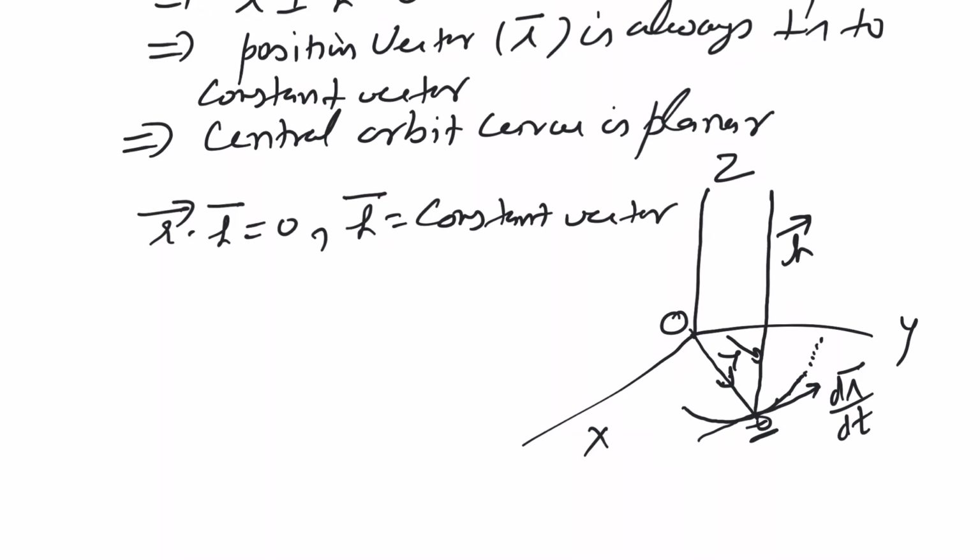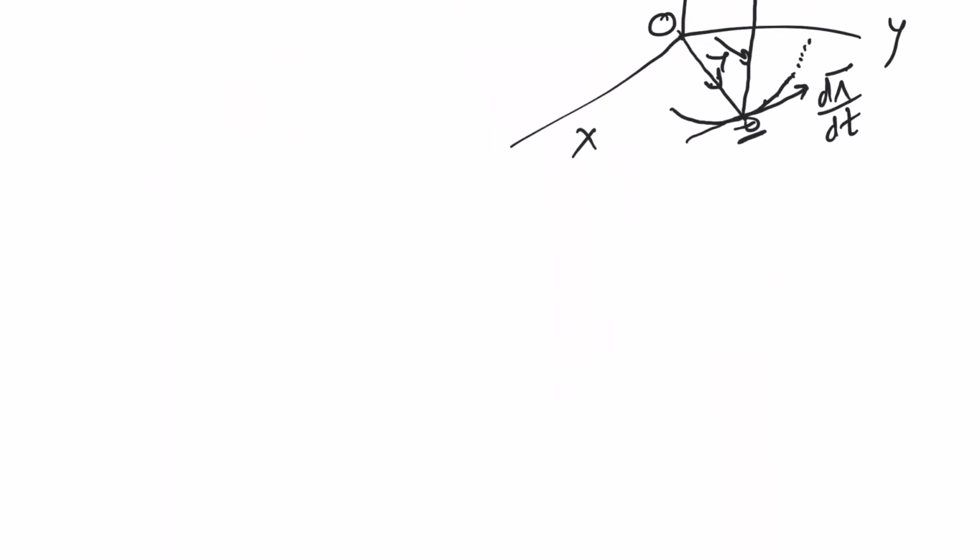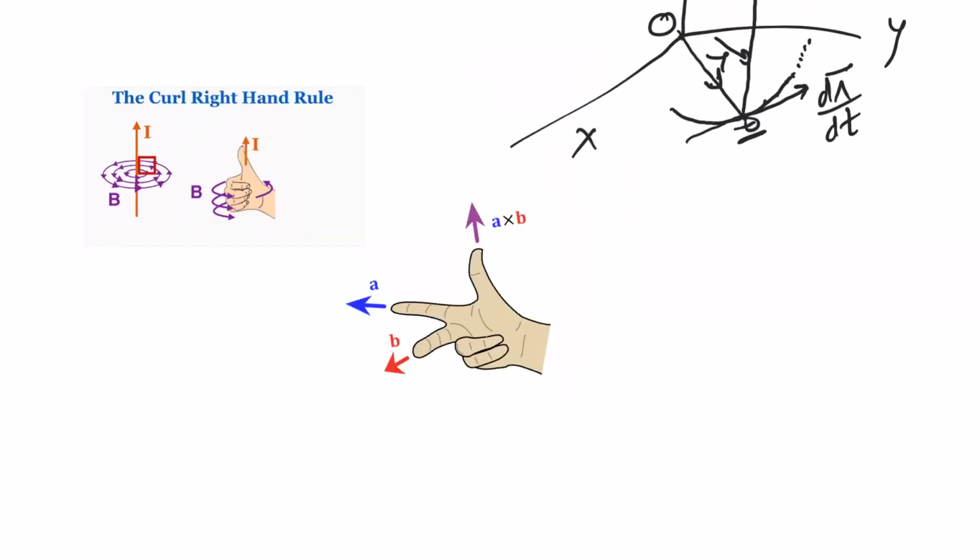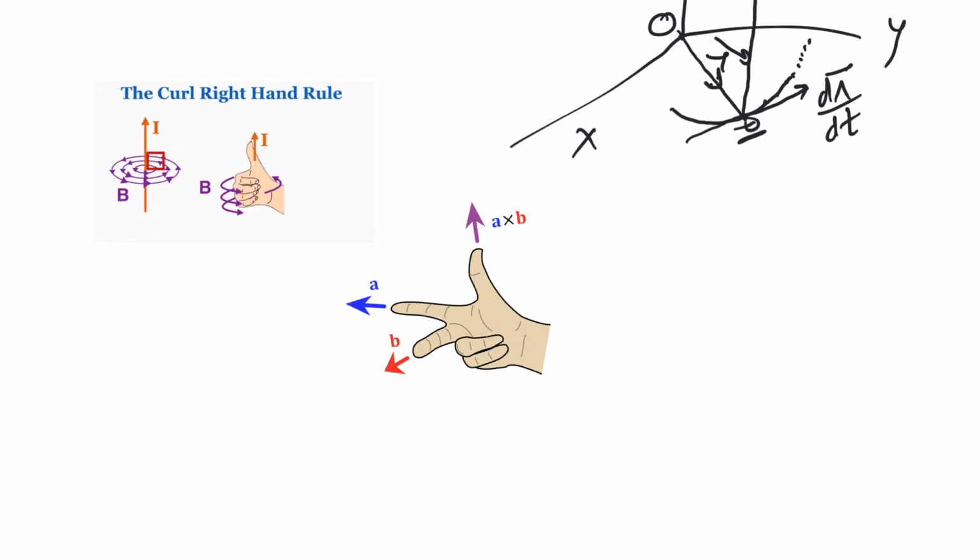We can also illustrate it through an example, the curl right-hand rule. In this case, this thumb is serving as the h vector, and the curl is between r and dr/dt. So when this is revolved, this gives the perpendicular direction.